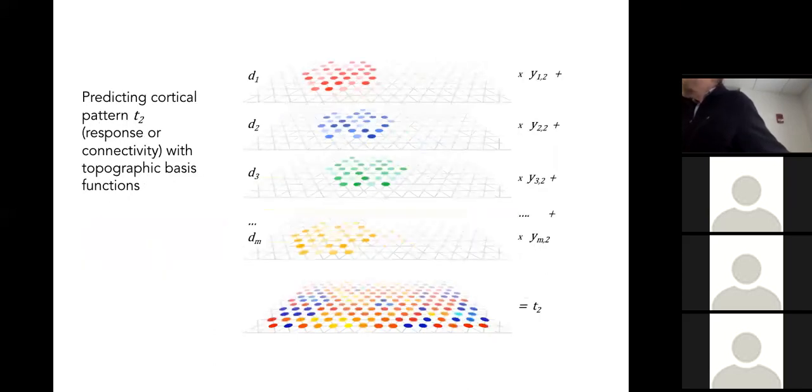And if you find a weighted sum of these multiplexed topographic basis functions, that is the model of the core pattern. And the weights are these y's here.